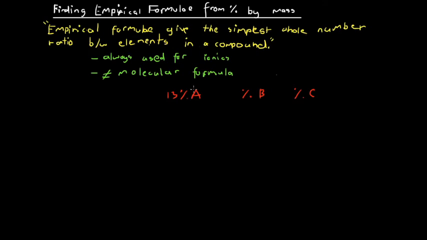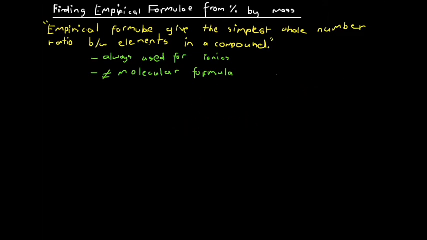For this reason, we need to convert this percentage by mass to a molar ratio. We want to work out the ratio between the number of moles of each of A, B, and C in this compound. So we're going to go through an extended example on how we do all these calculations.